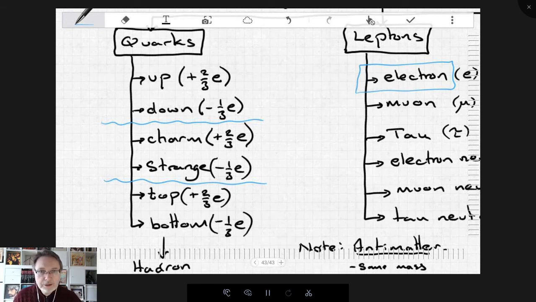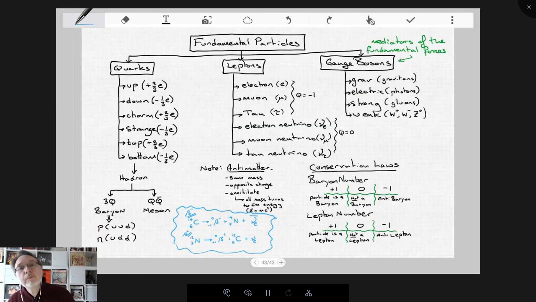So the reason that up and down quarks are by far the most common quarks that exist around us is because those quarks have the lowest mass of the paired quarks and therefore have the lowest mass potential energy. And there you go, particle physics.